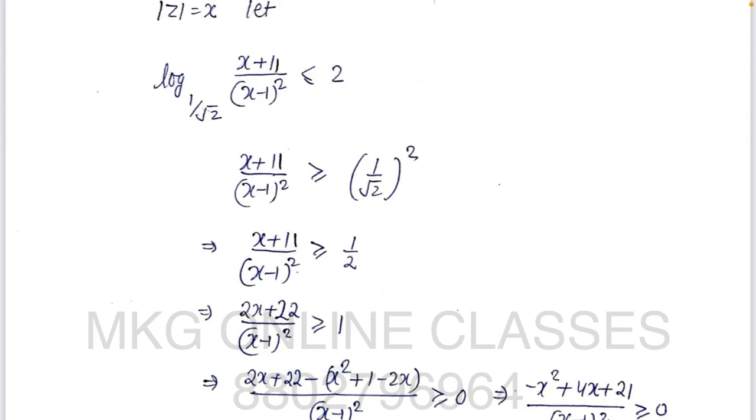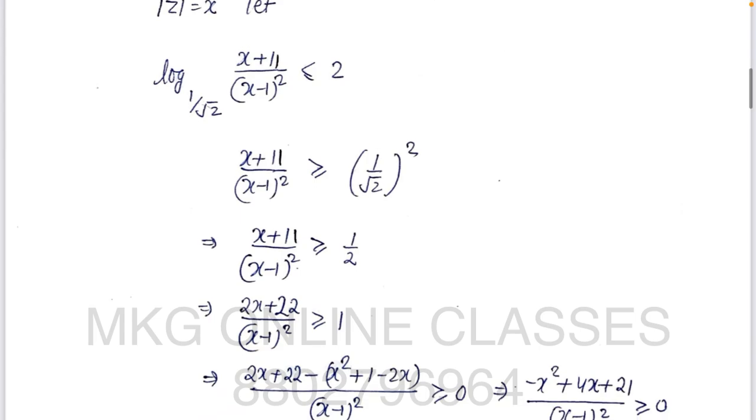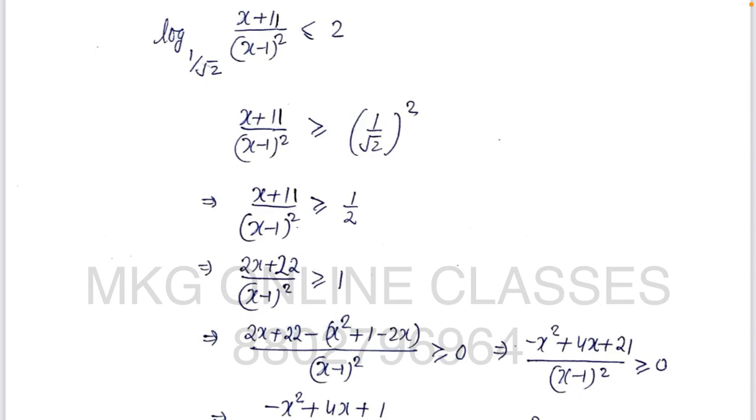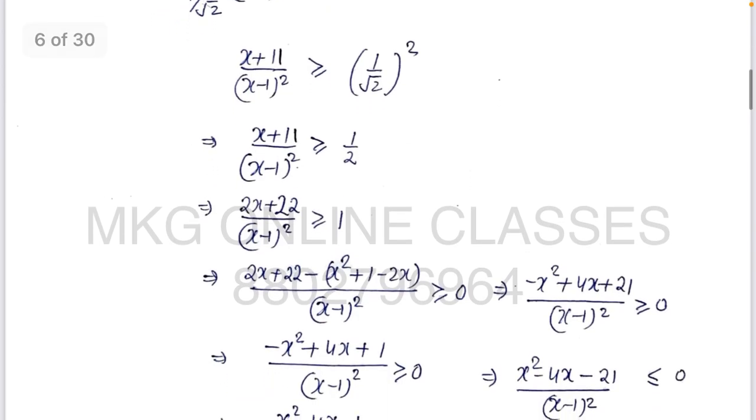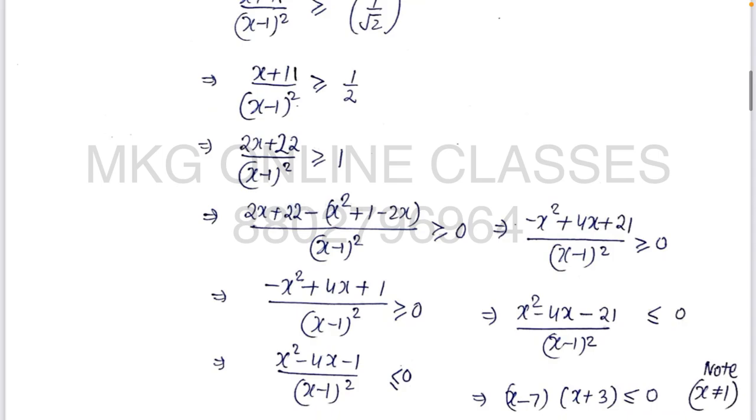Taking 1 to the left hand side, it becomes minus 1, and you take the LCM (x - 1) whole square. Numerator will become 2x + 22 minus (x - 1) whole square. Basically it is x square + 1 - 2x, so it comes out to be (x square - 4x - 21)/(x - 1) whole square less than or equal to 0.